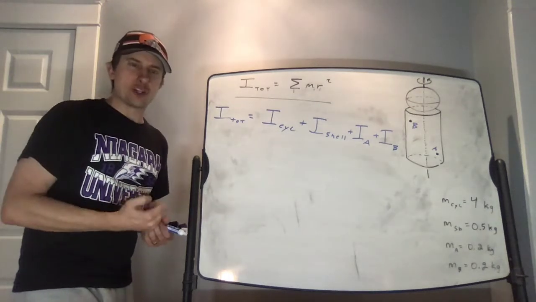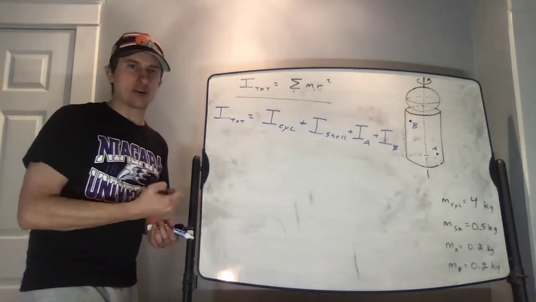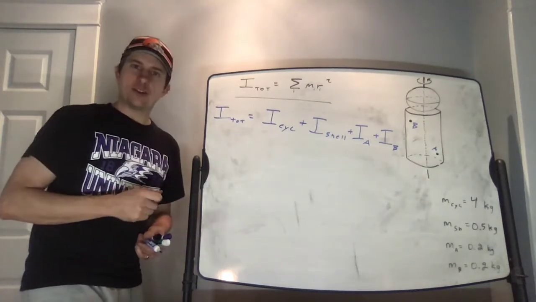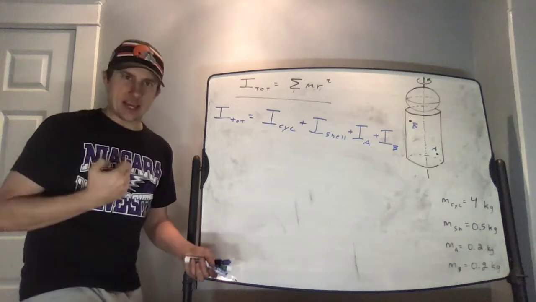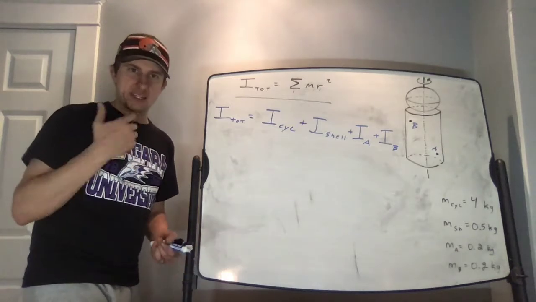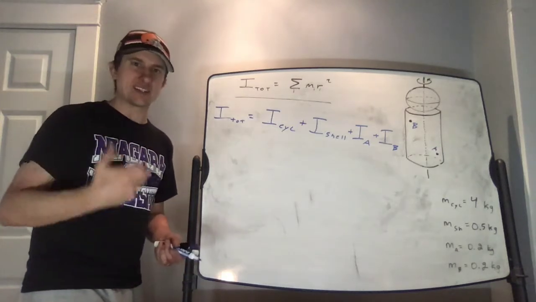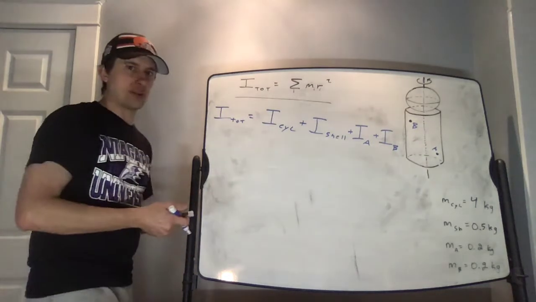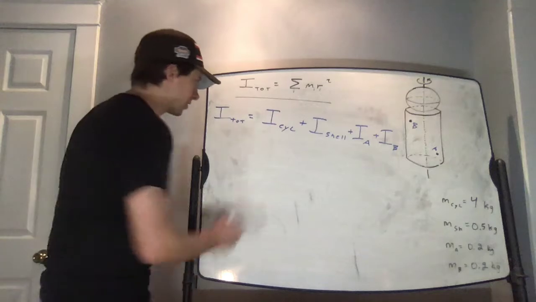The moment of inertia for a point particle is mr squared. The moment of inertia for a cylinder, well, I don't know what that is, so I go to the textbook, look up a solid cylinder, and I get that the moment of inertia for a cylinder is 1/2 mr squared.